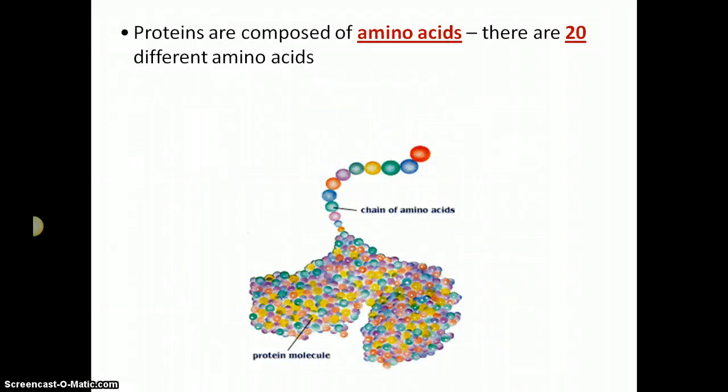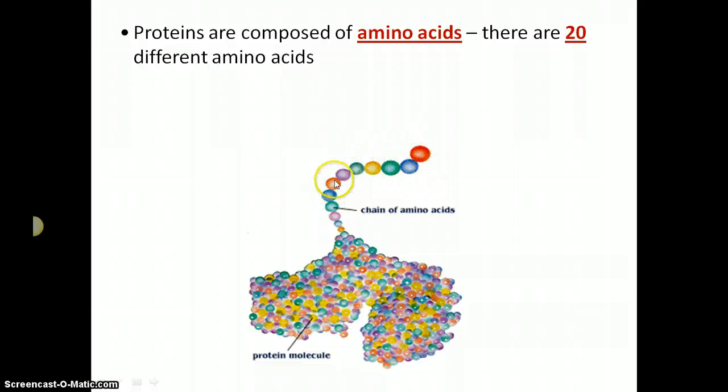Okay? Now, proteins are composed of amino acids, and there are about 20 different amino acids, and every protein is created using a chain of these amino acids that forms a shape. And proteins are determined by their shape. Their function is determined by their shape. So you have this chain of amino acids.